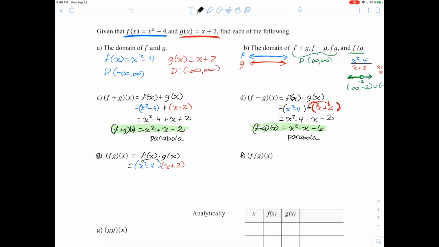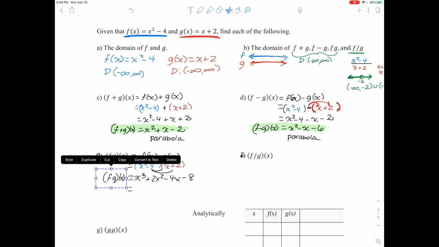So we'll distribute. So that'll be x cubed plus 2x squared minus 4x minus 8. And so our resulting solution, actually we can't combine like terms, so I think what I'll do is just move this up here. We can't combine like terms.